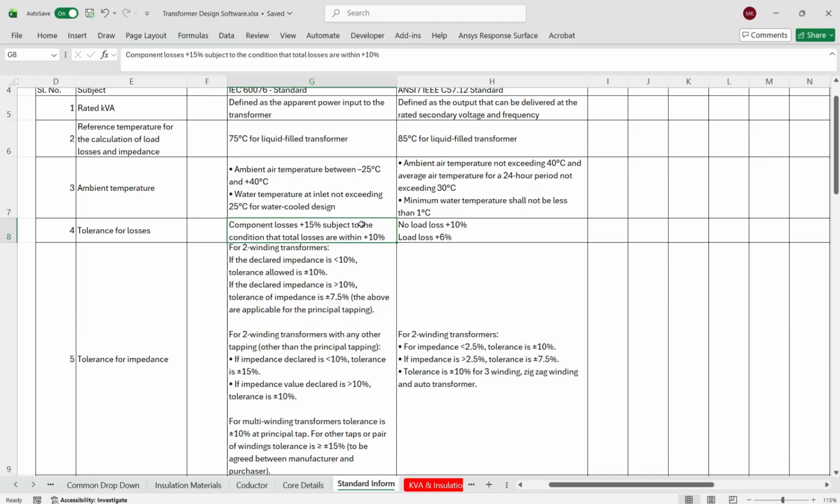And tolerance for losses: IEC defines that component losses, that means no load losses and full load losses, plus 15% each, subject to the total losses, that means the no load plus full load, being within plus 10%.